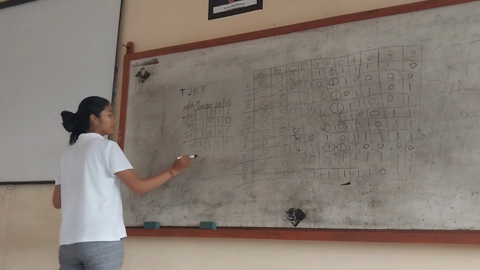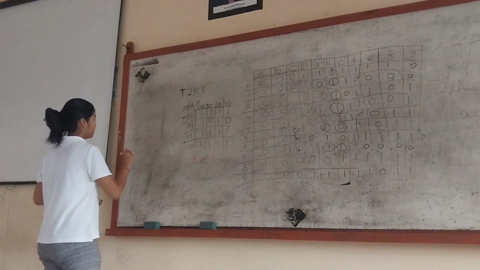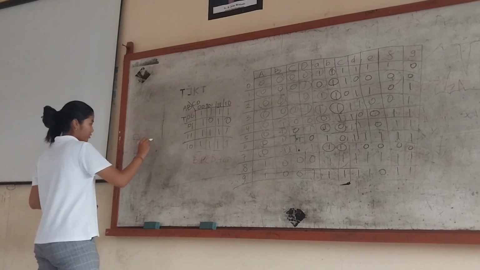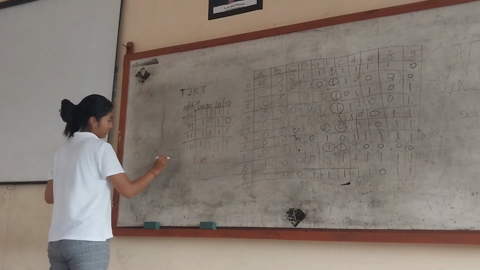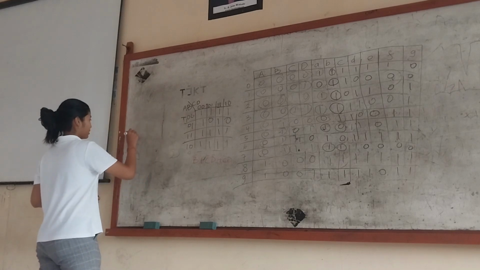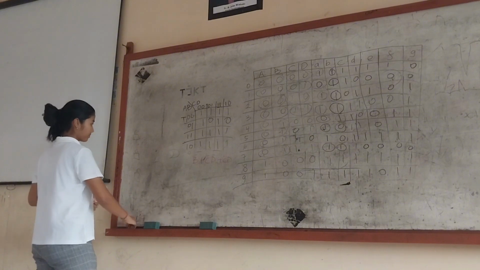We have 3 variables, B, C, and we made 2 OR and 1 AND. So this is B, this is C, and this is D.